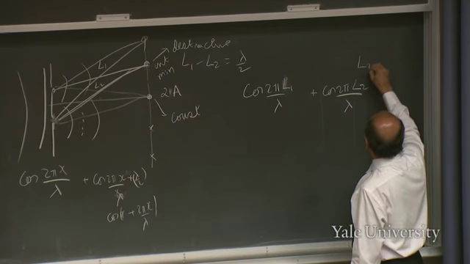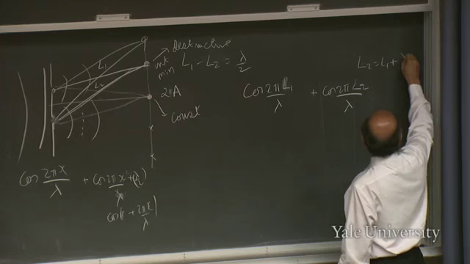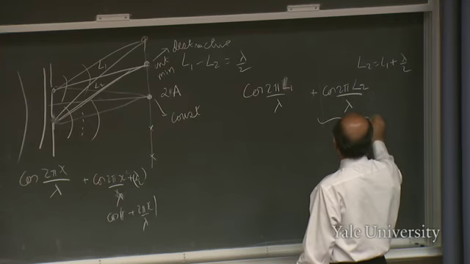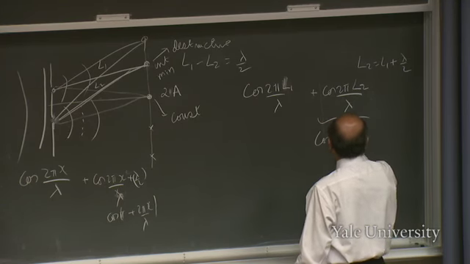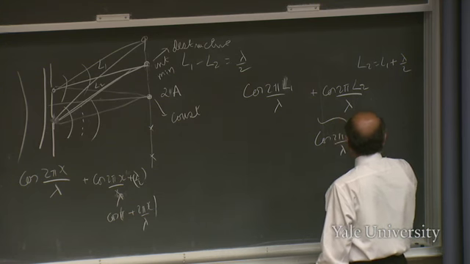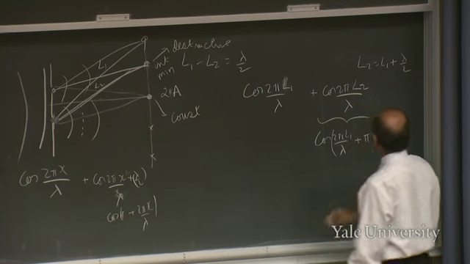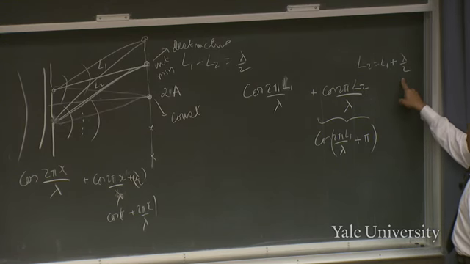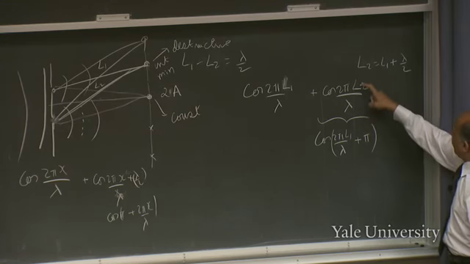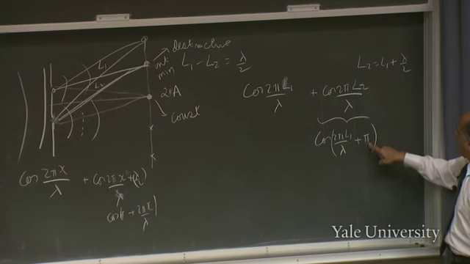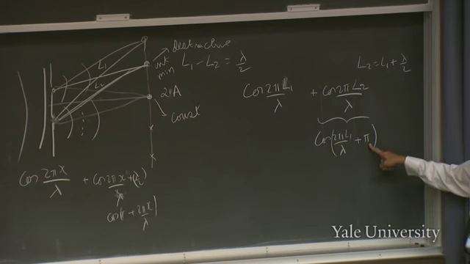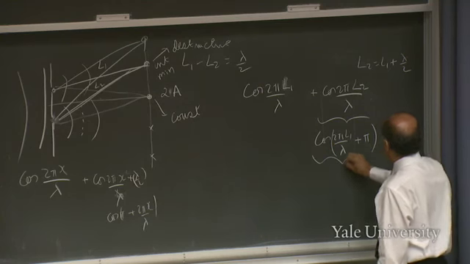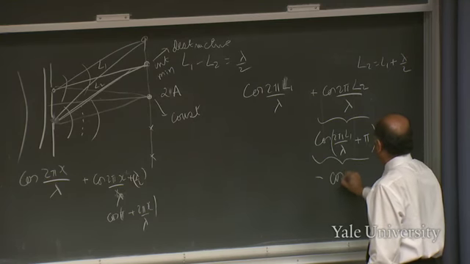Suppose L2 is equal to L1 plus half a wavelength. Then this one becomes cosine 2 pi L1 over lambda plus pi. Right? L2 is L1 plus lambda over 2. If you put a lambda over 2 times 2 pi over lambda, you get a pi. Then you got to understand that whenever you add a pi to a cosine, you get minus the cosine without the pi.